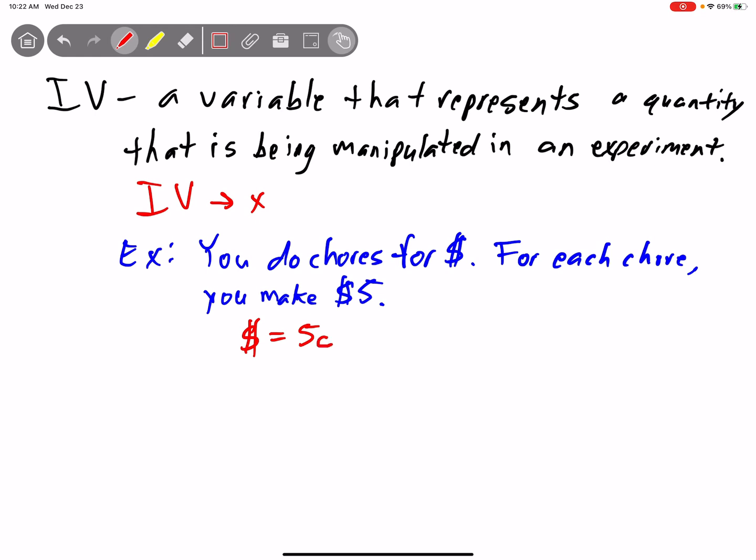So if C represents chores, then 5 times the number of chores equals the amount of money. Again, in this case, the dollar sign means total earned.